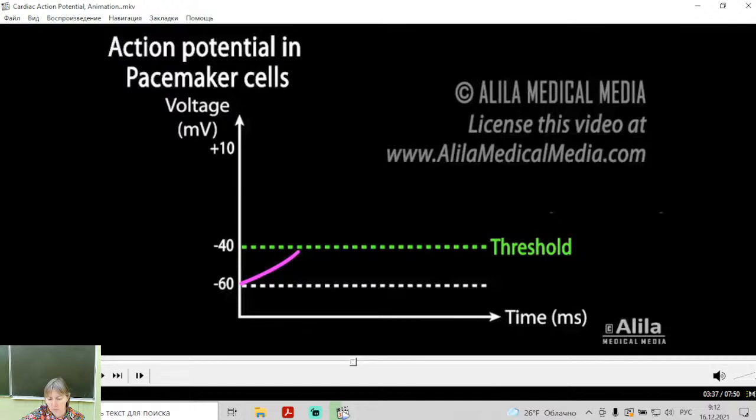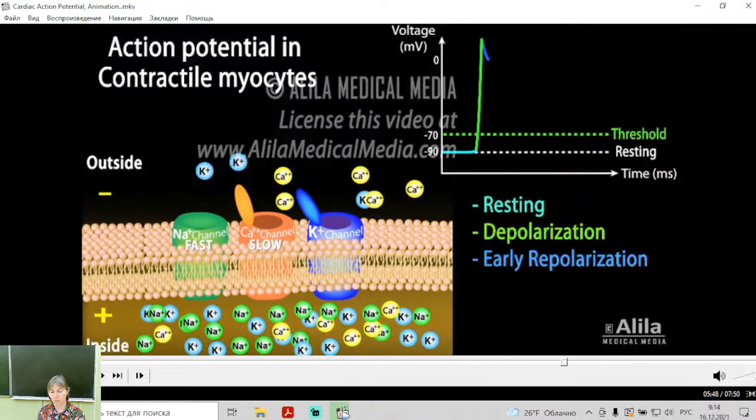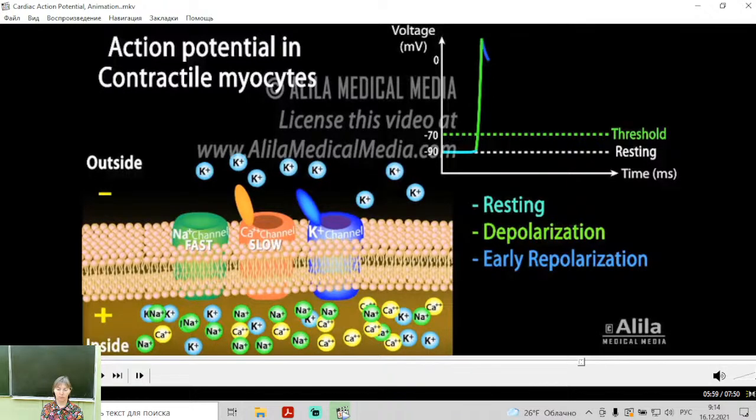As the action potential nears its peak, sodium channels close quickly, voltage-gated potassium channels open, and these result in a small decrease in membrane potential, known as early repolarization phase. The calcium channels, however, remain open, and the potassium efflux is eventually balanced by the calcium influx. This keeps the membrane potential relatively stable for about 200 milliseconds, resulting in the plateau phase, characteristic of cardiac action potential.